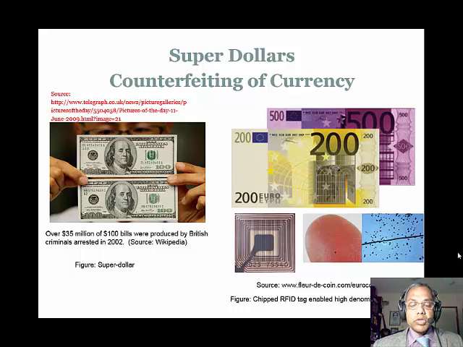They find potential in the chipless RFID as the strong technology to beat counterfeiting. Left-hand photo shows fake dollar bills. According to Wikipedia, over $35 million of $100 bills were produced by British criminals who were arrested in 2012.